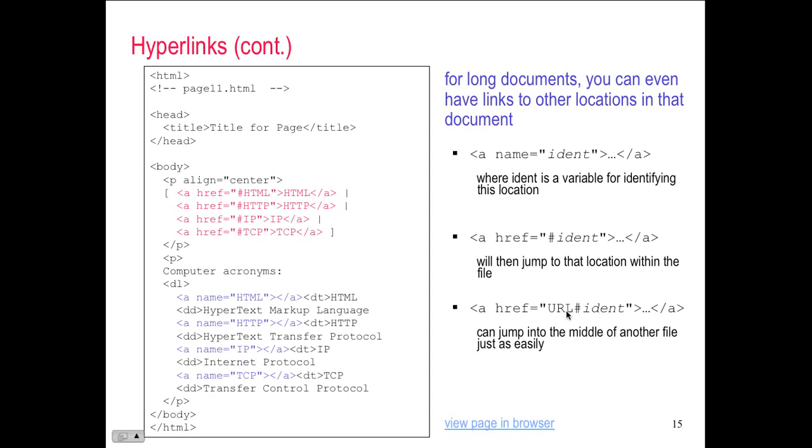You can do this with the first assignment, actually, because you're going to have a list of menu items in one frame, open up another document in another frame, and go to a particular spot in that document in the next frame over. I'll talk about frames and tables soon. So it jumps from the middle to another document just as easily.